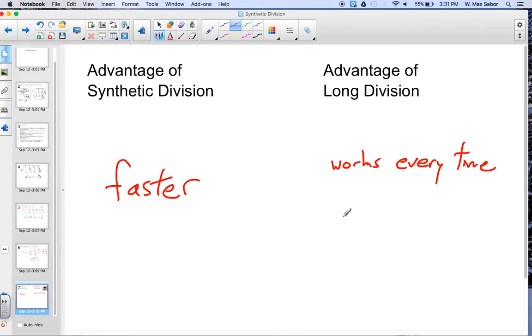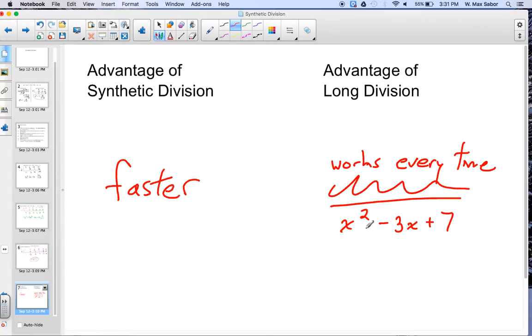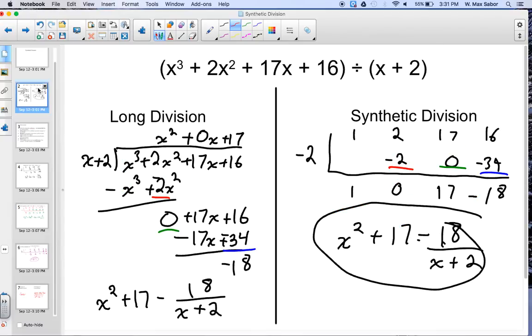Specifically, if we're dividing by a trinomial, we can't take a polynomial and divide by a trinomial with synthetic division. It only works when we're dividing by a binomial, because we need the solution to that. Also, it has to be written as x plus 2. It can't be like 2x plus 3. It has to be a binomial where the coefficient of x is 1.